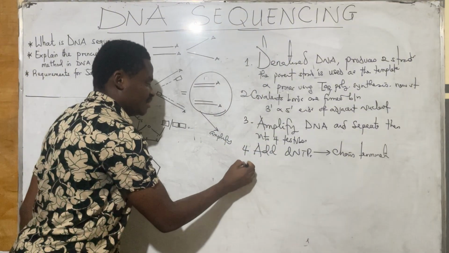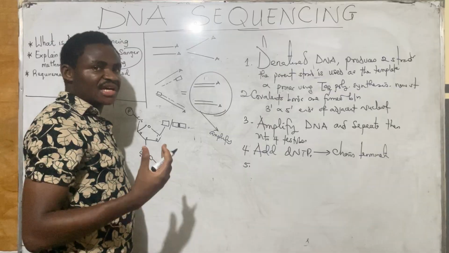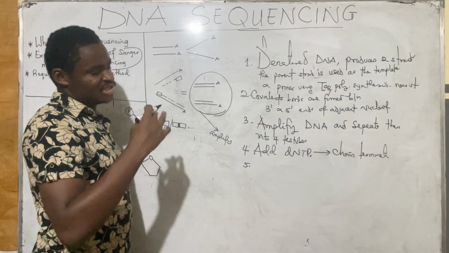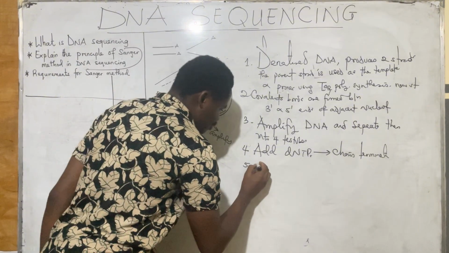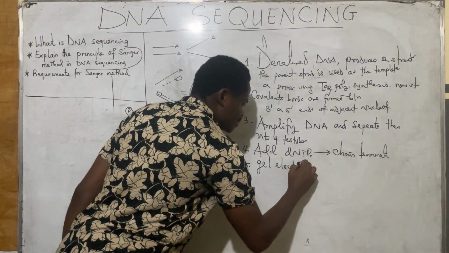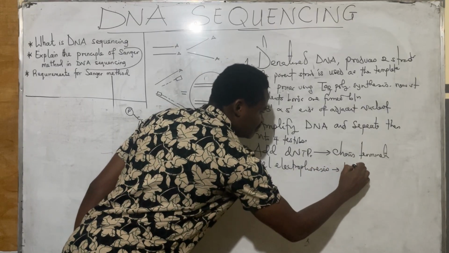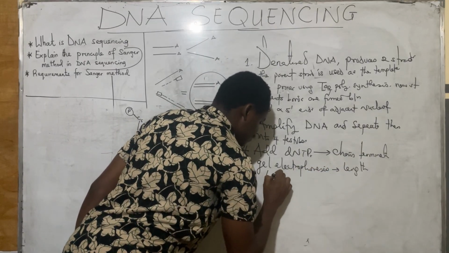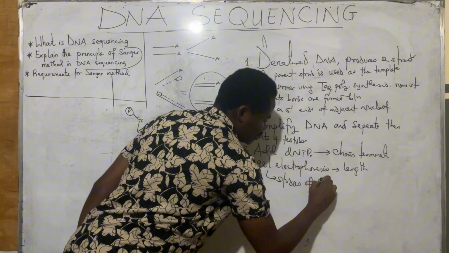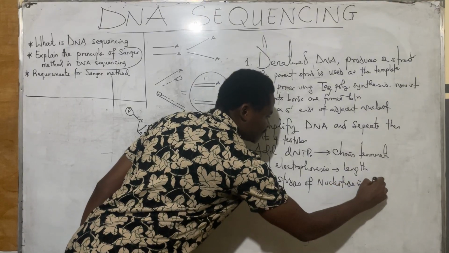Now, the last thing should be that take each of them and pass through electrophoresis, the acrylamide gel electrophoresis, and that will separate them based on their length, and studies can be easily made. So using the gel electrophoresis, separation is done based on their length, and this will help for studies of the nucleotides in the DNA strand.